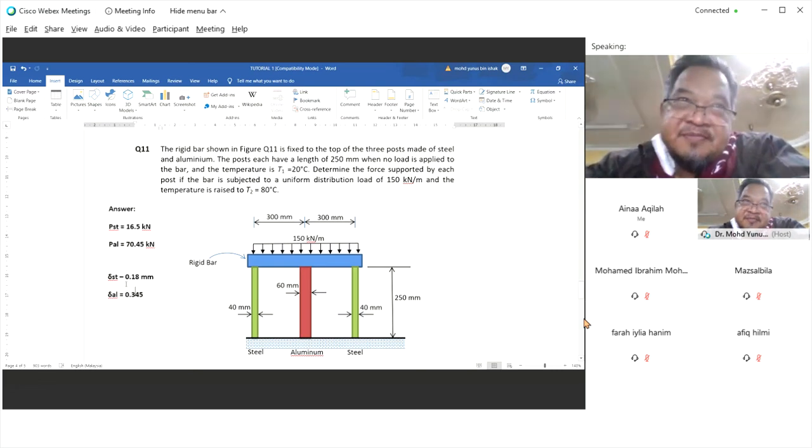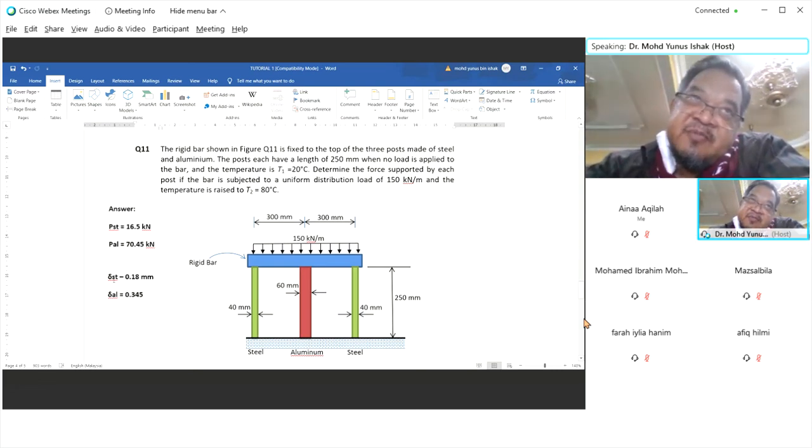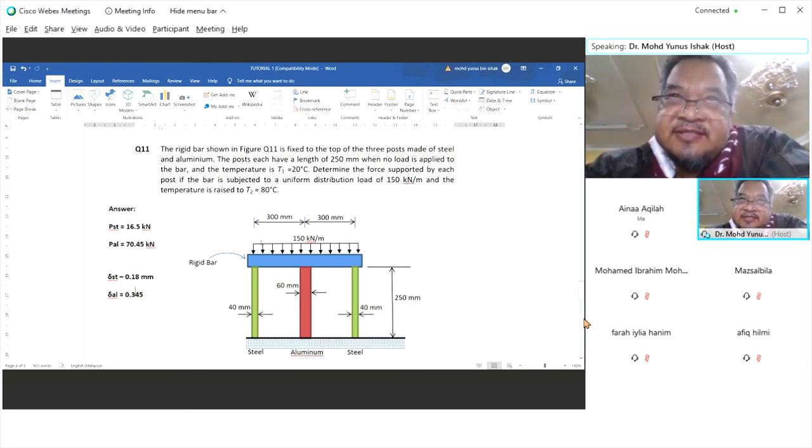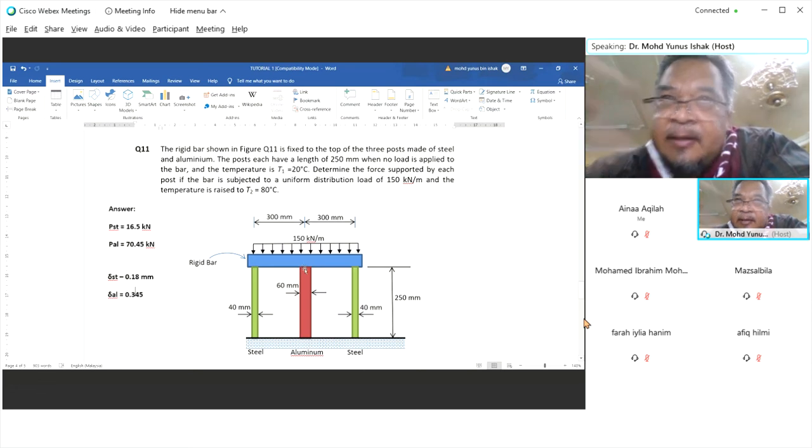Okay, these are the steps. First, calculate the deformation due to temperature, and second, the deformation due to forces. The force tries to shorten it back. The temperature tries to increase, but the force tries to decrease.